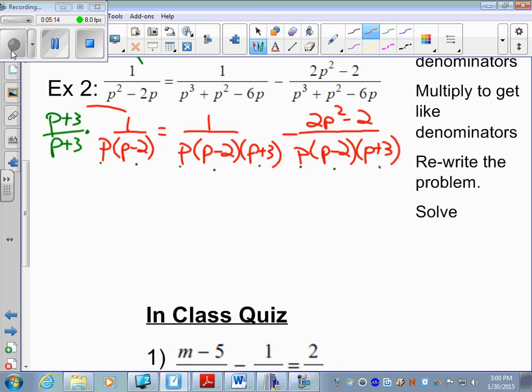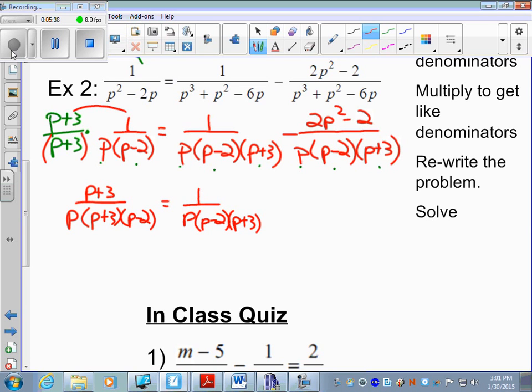The numerator is p plus 3 over, I'm not going to multiply out the denominator. Never do. Kind of a waste of time. Let's see here, where we have p plus 3 times p minus 2 equals 1 times over, or divided by p times p minus 2 times p plus 3, minus 2p minus 2 over p times p minus 2 times p plus 3. A lot of rewriting, but now we have all like denominators.